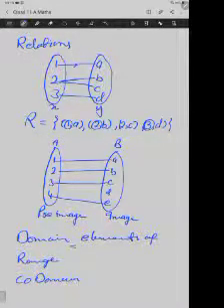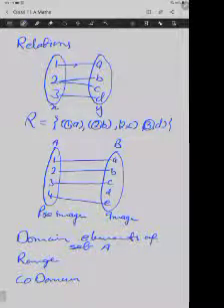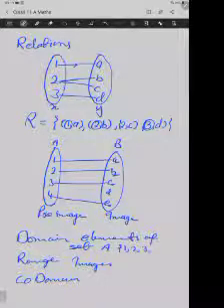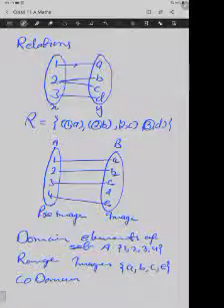Elements of set A, or I can say used elements. Range, the used elements of set B. Images like A, B, C, and E. Domain will be 1, 2, 3, and 4. Range will be A, B, C, and E.